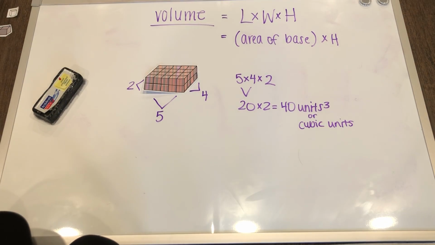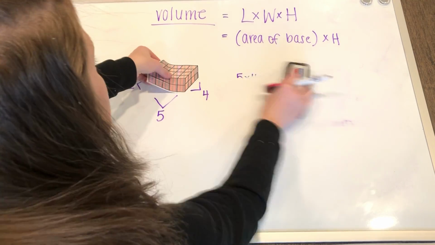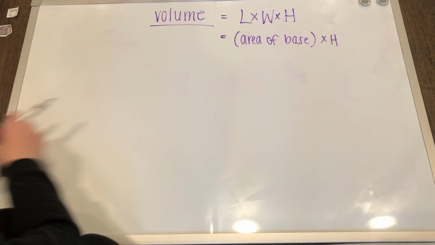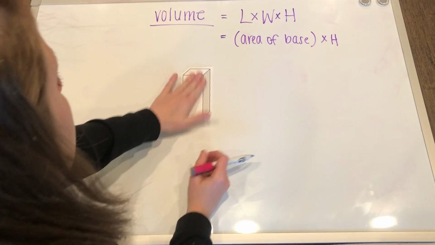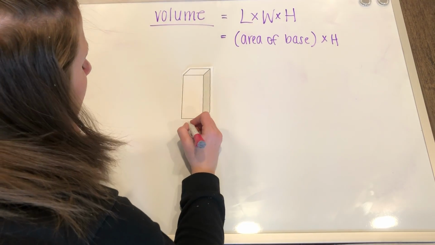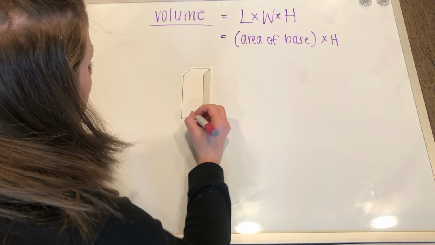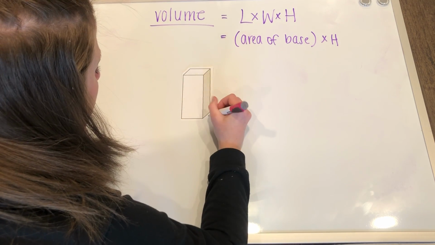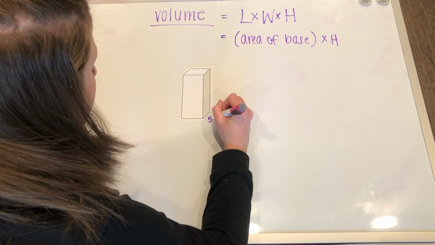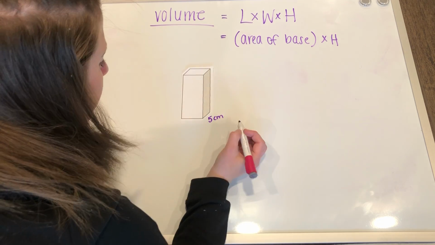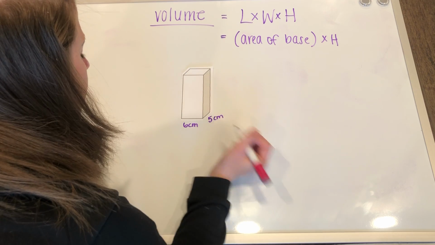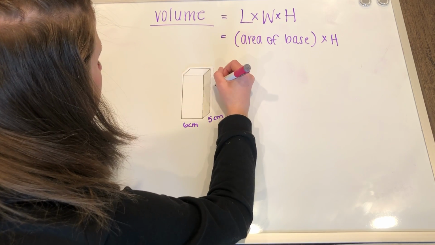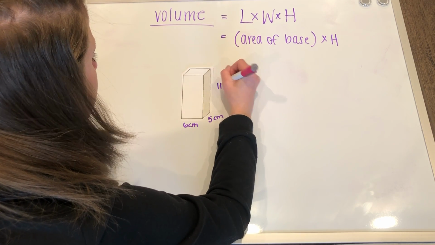Okay, let's do another example. Width is 5 centimeters. Length is 6 centimeters. Height is 11 centimeters.